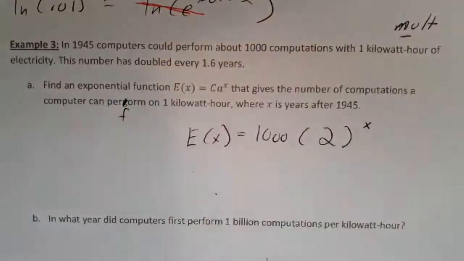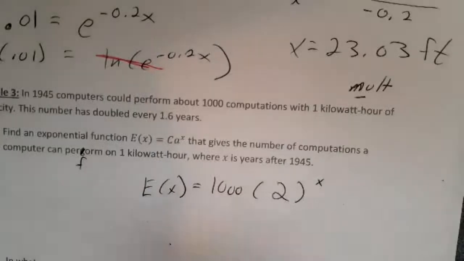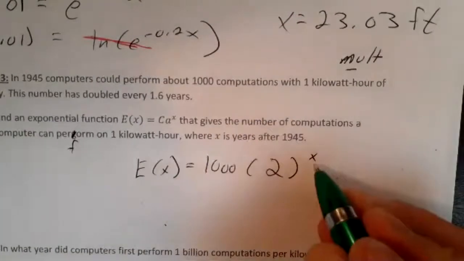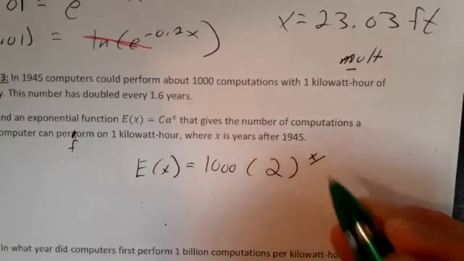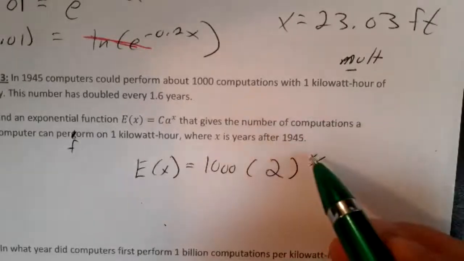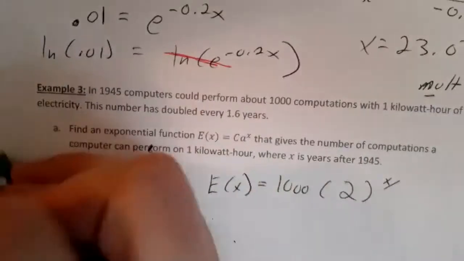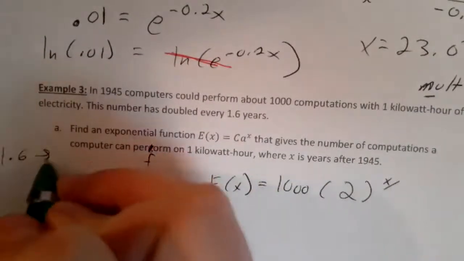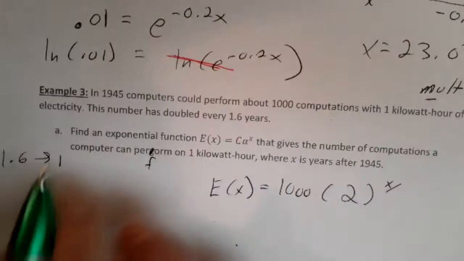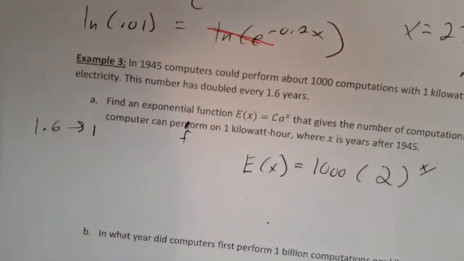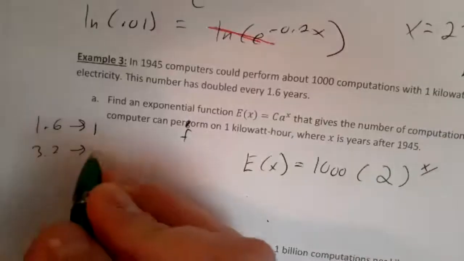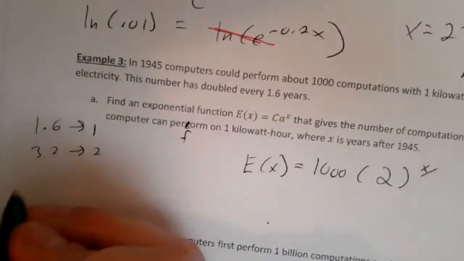And I'm not sure if we talked about this, but it's a bit of a trick. If we want to double every 1.6 years, we want 1.6 to give us 1 as an exponent. Like 3.2 would give us 2, 4.8 would give us 3.